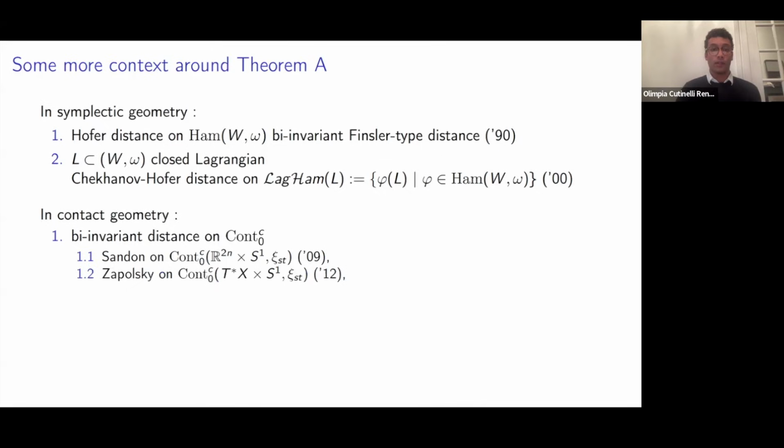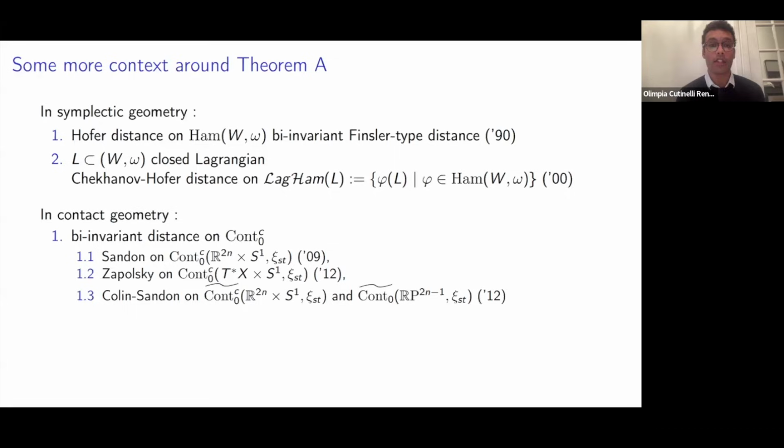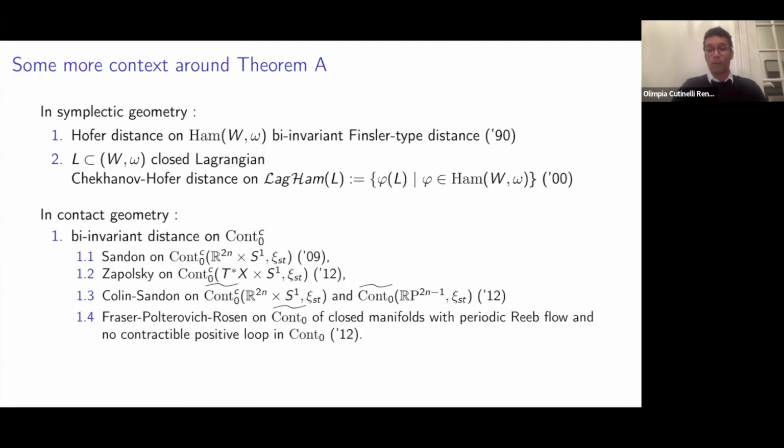And then Zapolsky, also using the same kind of technique, so generating function techniques, constructed a bi-invariant distance on the group of contactomorphisms of the periodic one-jet bundle of a closed manifold X. Then Vincent Colin and Sheila Sandon constructed distances on the universal cover of the group of contactomorphisms of R^2n times S^1, and also the universal cover of the real projective space.